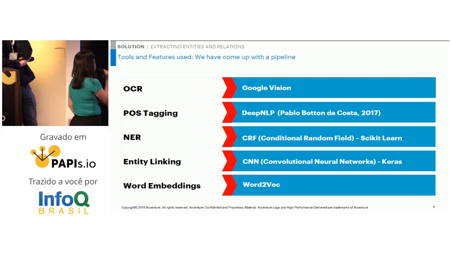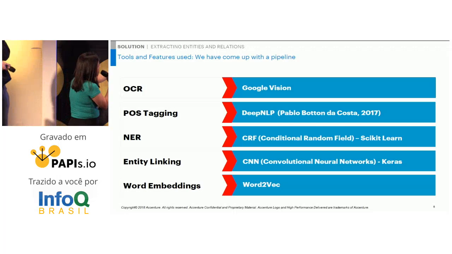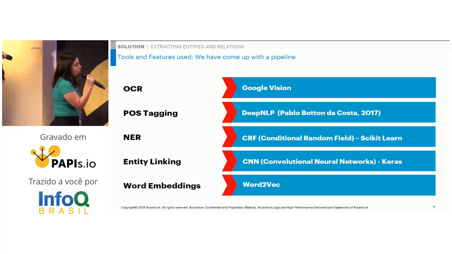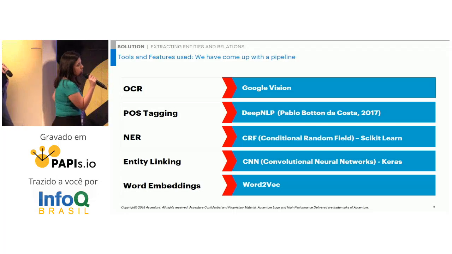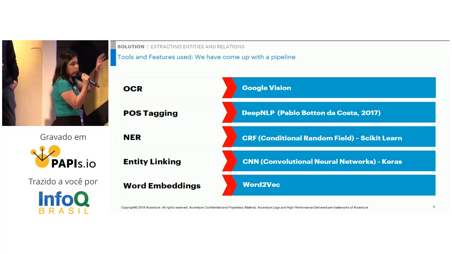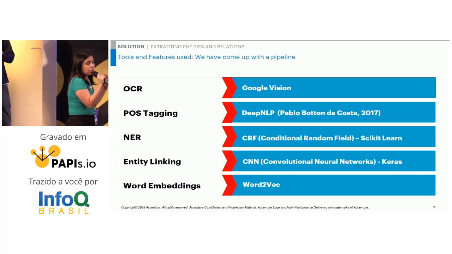We use named entity recognition, with the conditional random field algorithm. In our case, we use scikit-learn to do that. It's important for us because we can see a document and annotate the important information we want the algorithm, once trained, to extract.